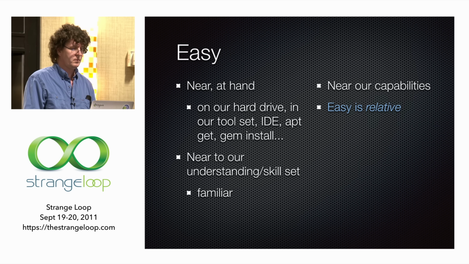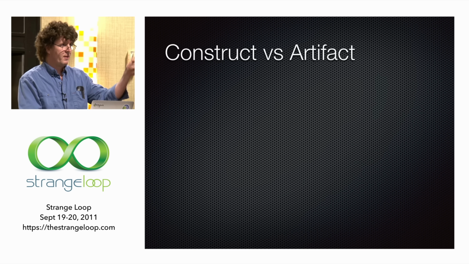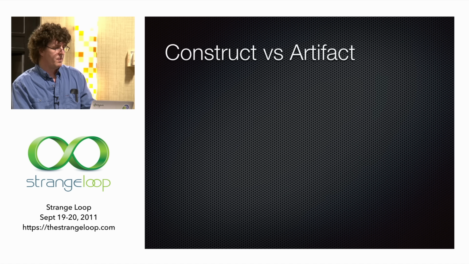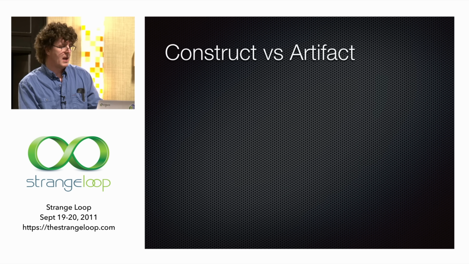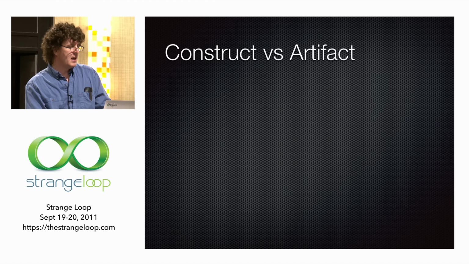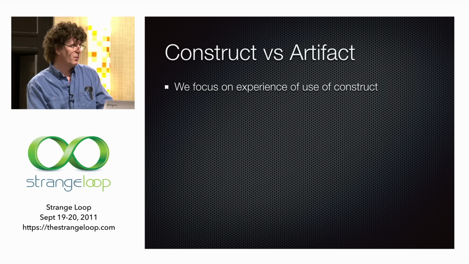So what's one critical area where we have to distinguish these two things and look at them from the perspective of being easy and being simple? It has to do with constructs and artifacts. We program with constructs. We have programming languages. We use particular libraries.